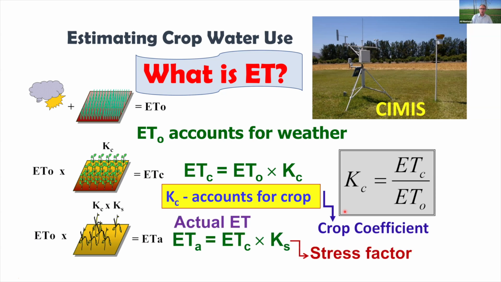But in the real world, we always have some stress that comes from different sources. Sometimes we have water stress, sometimes salinity stress, and sometimes heat stress. So what is happening in the real world on the field might be different from the ETC. So the ETC is crop water needs without any stress.